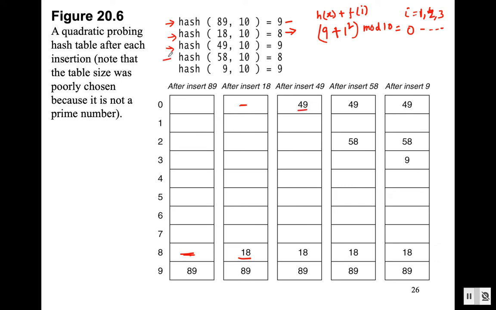Then let's insert 58. For 58, the hash value is 8, which means collision.